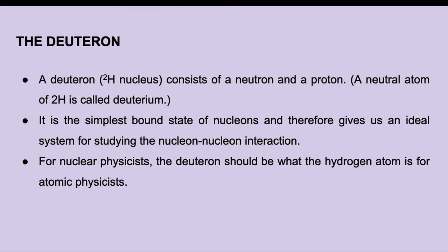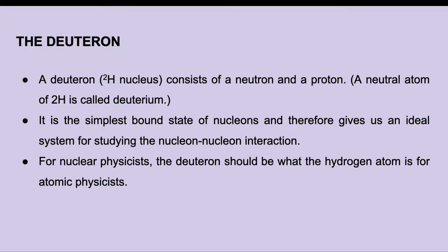So now we can discuss the Deuteron, because the Deuteron consists of a neutron and proton. That means a neutral atom you are calling the deuterium, and the nucleus of the deuterium atom is termed the Deuteron.